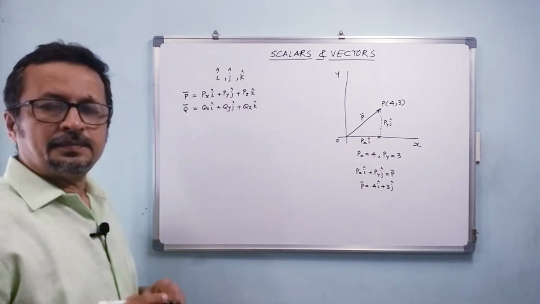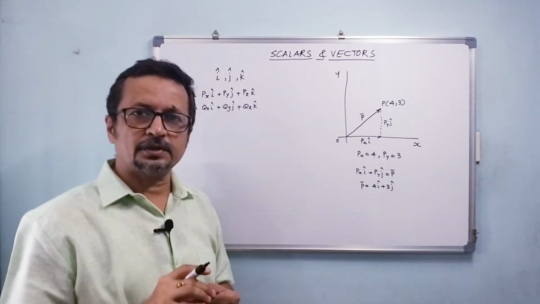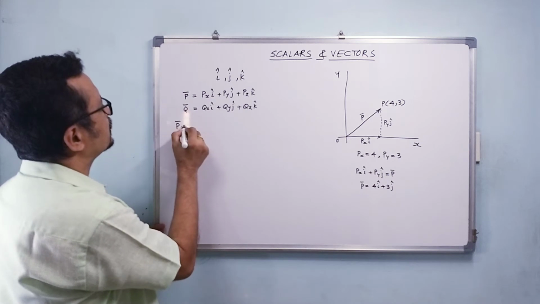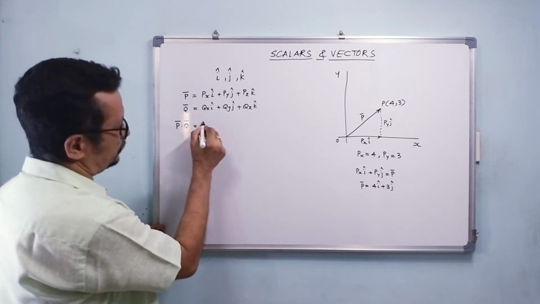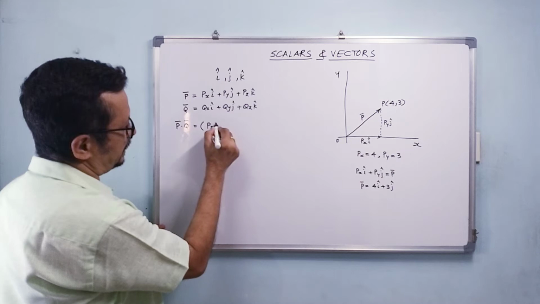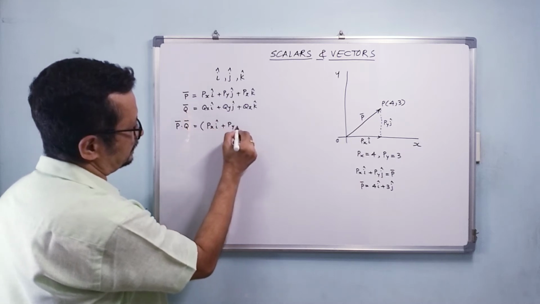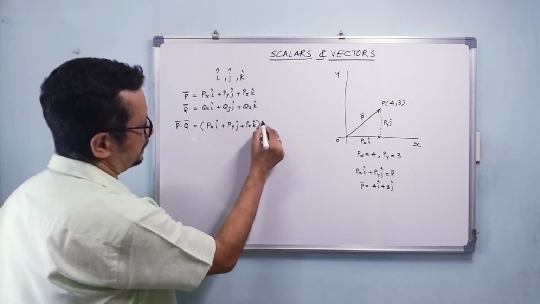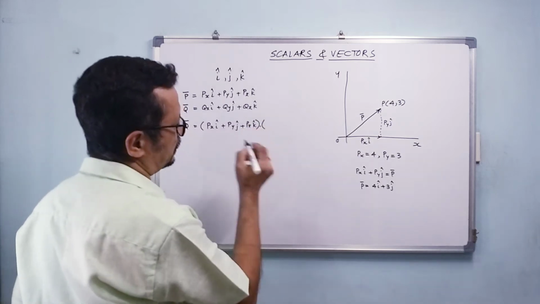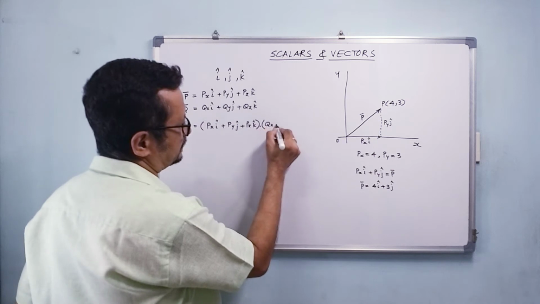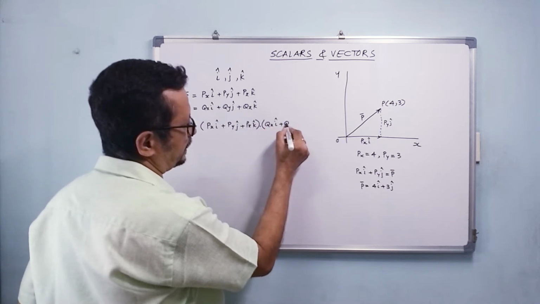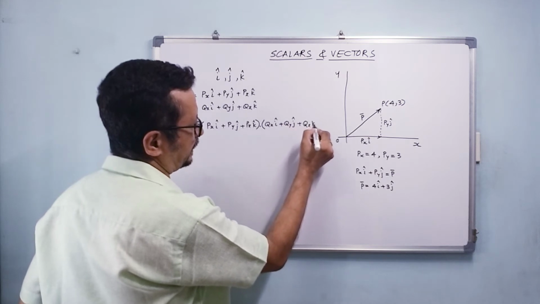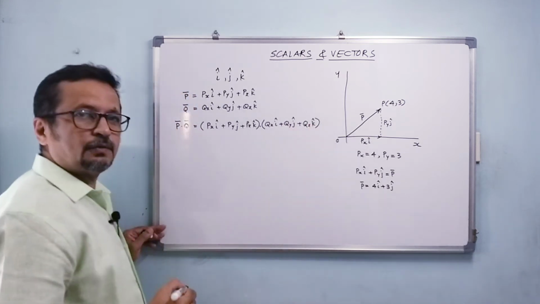Now let us take the dot product or scalar product of p bar and q bar. So p bar dot q bar is equal to (px i cap plus py j cap plus pz k cap) dot (qx i cap plus qy j cap plus qz k cap).